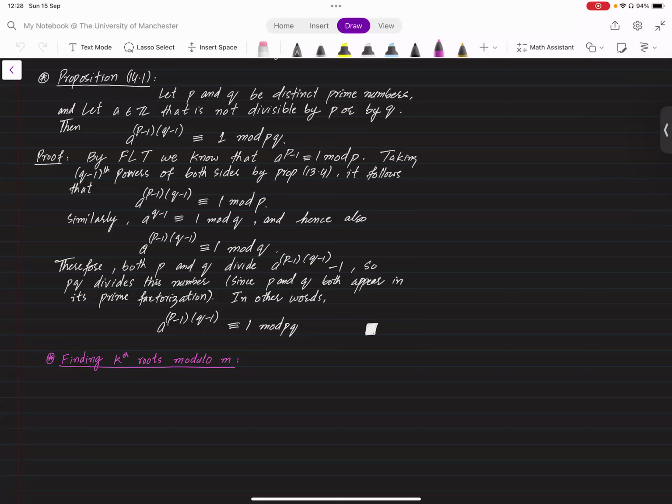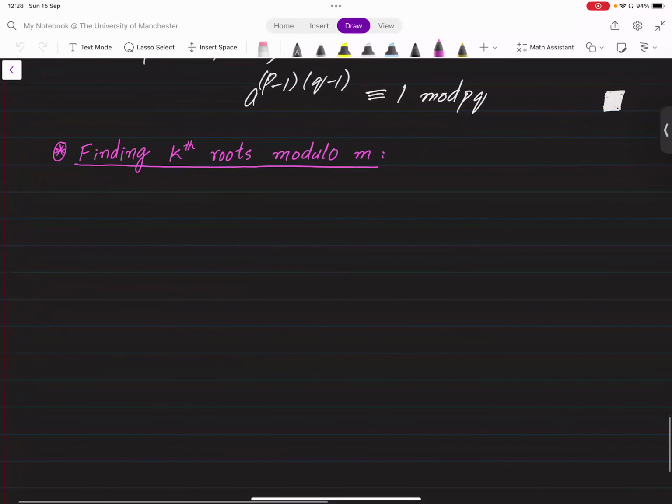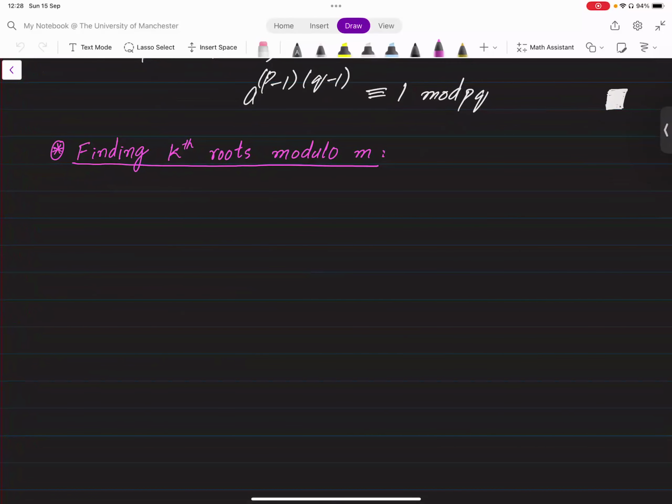Now, to further talk about this context, we are going to talk about the topic of finding kth roots modulo m.